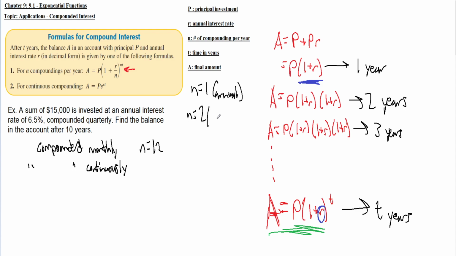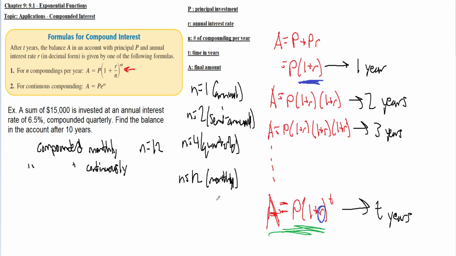N can be 2, which is semi-annual. N can be equal to 4, which is quarterly. And n can be equal to 12, which is monthly. It's important to keep that in mind.